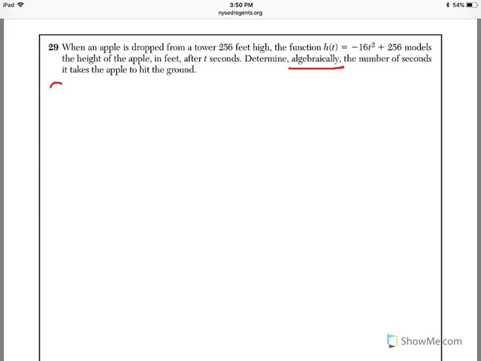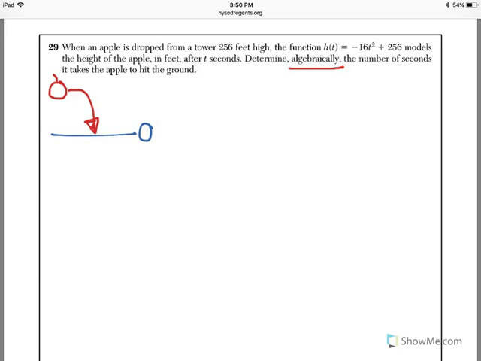So essentially what's happening is that you're starting at a height of 256 feet above the ground, and you're dropping this apple, and eventually it's going to hit the ground, and we need to figure out how much time has passed. So what you have to realize is that when the apple hits the ground, the height is going to be 0 because you're at the ground level.